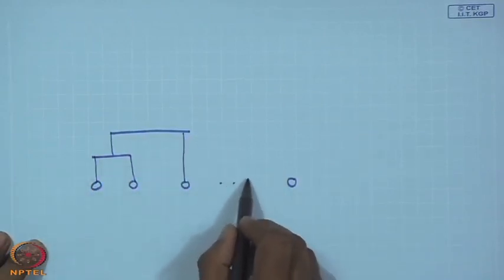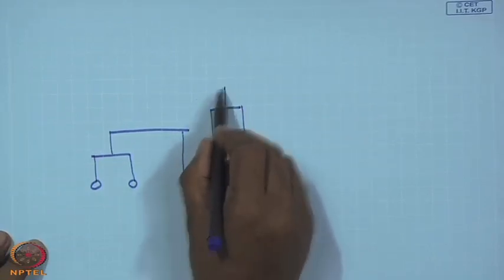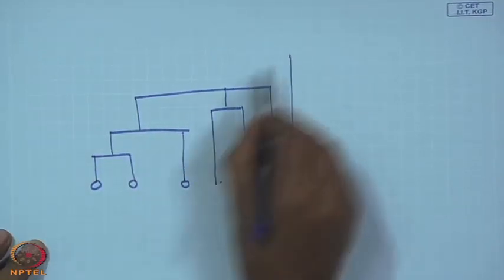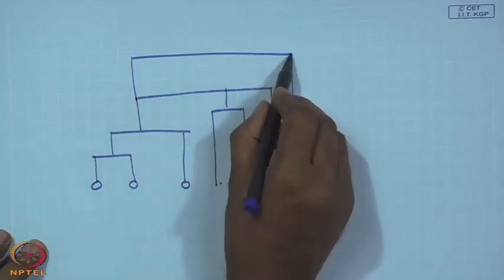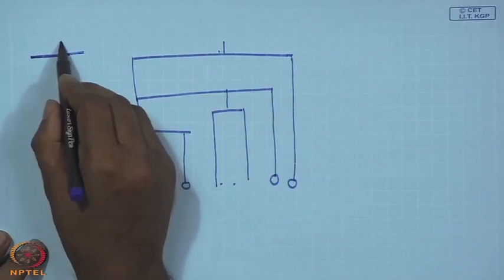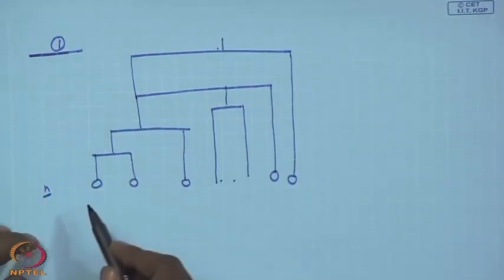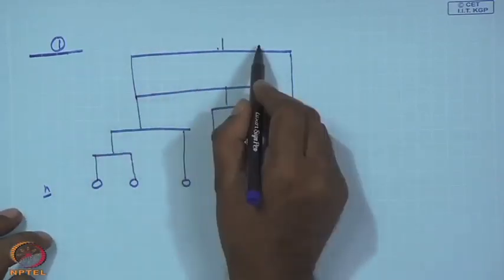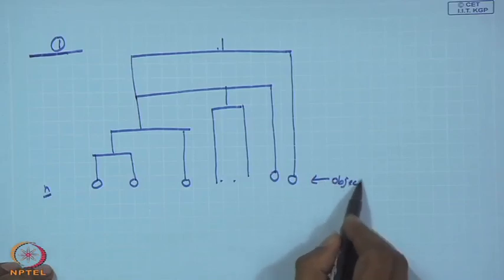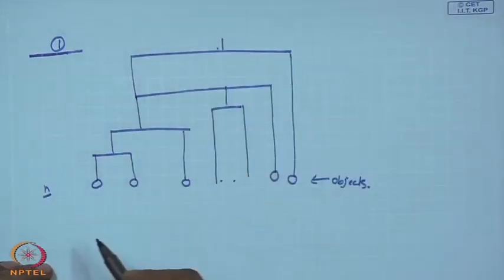Then you merge another 2 here, then finally suppose you merge these 2, maybe another one here, then the final merger takes place here. This is the final one cluster, this is n clusters. So long as you are not coming to this, you are not stopping. These are objects, then objects to groups, and finally this is happening.